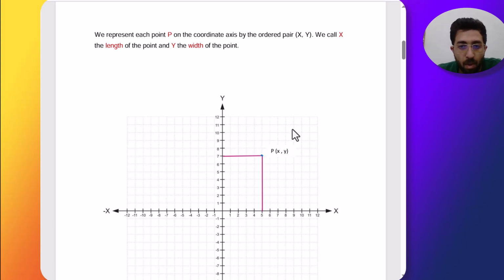For example, at point P, the length is 5 and the width is 7. (x, y) = (5, 7). And if we change the order of these numbers, we refer to the specification of another point.